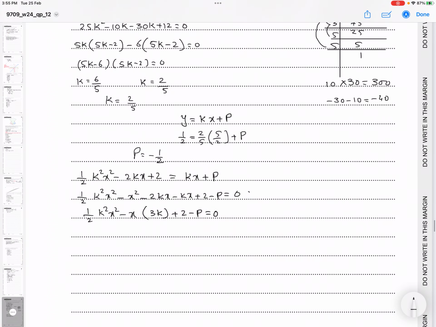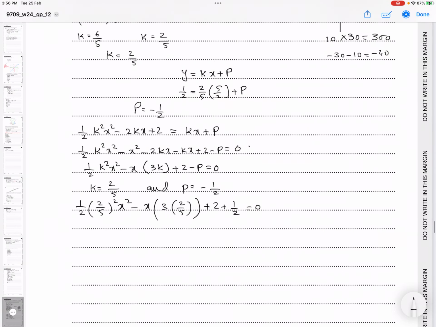Now put k equal to 2 over 5 and p equal to minus 1 over 2. So 1 over 2 times (2 over 5) whole squared x squared minus x times 3 times 2 over 5 plus 2 plus 1 over 2 equals 0.